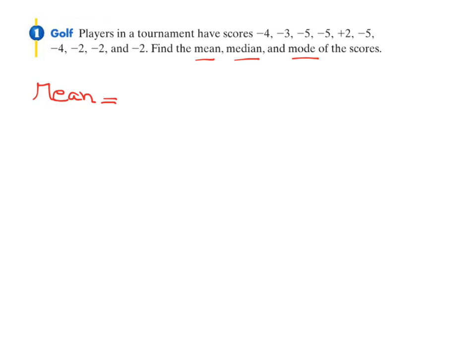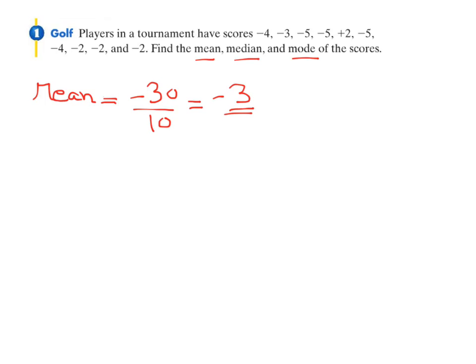If you add all these data values, the sum is going to be -30. And how many data items are there? There are 10. So divide by 10. And that is going to be -3. So the mean is -3.